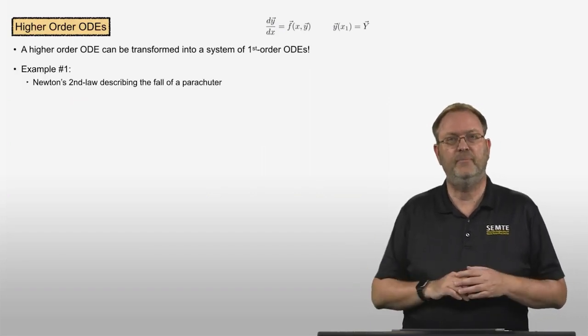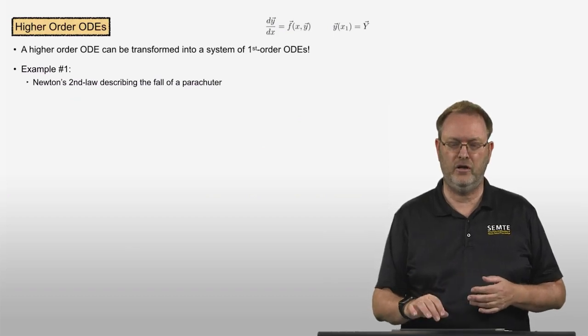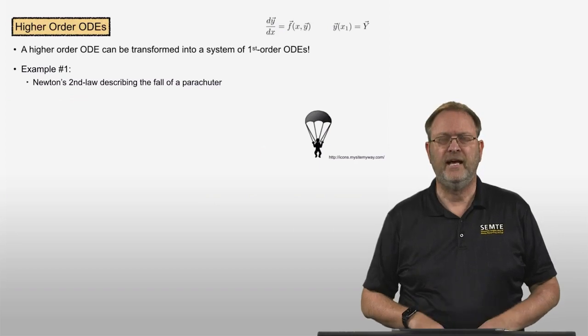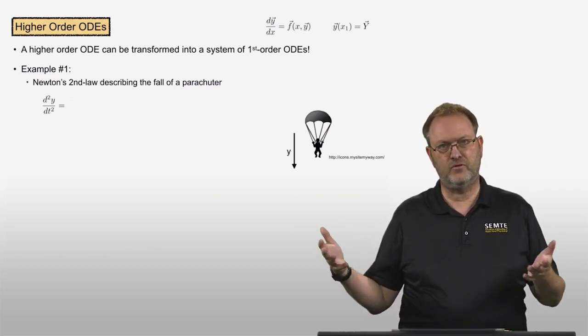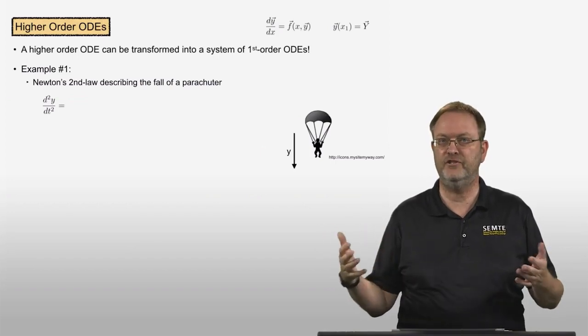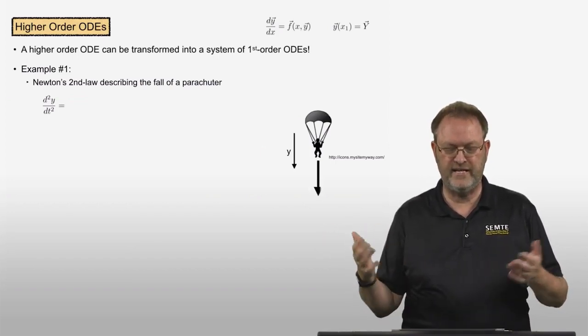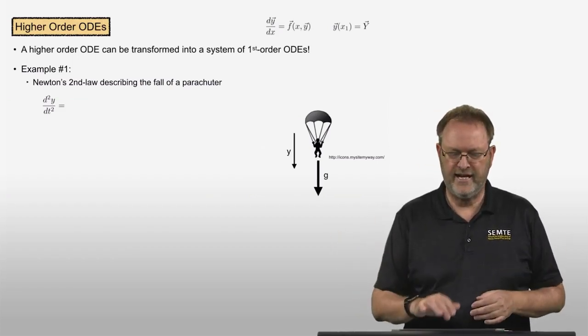So here's one example, Newton's second law describing the fall of a parachuter. So here we got this parachuter, and if we want to describe the acceleration that the parachuter experiences, we have to use Newton's second law. And onto the parachuter, there's gravitation that acts on him.